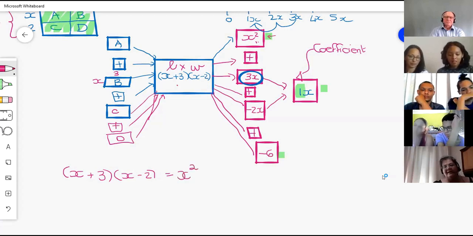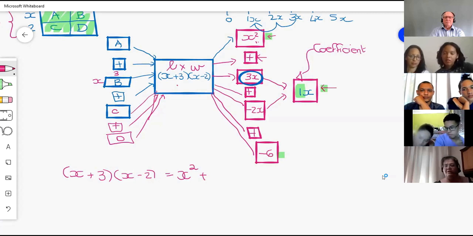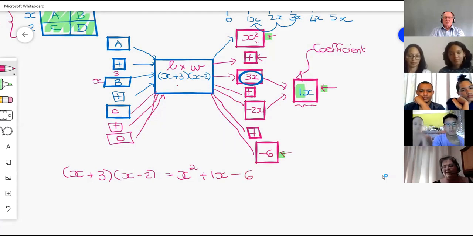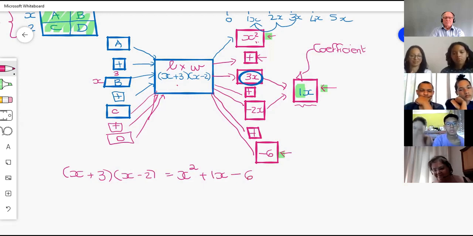And then what is the next thing that you see? It's plus. And then 3... no, negative 1x. And then -6. Okay, and this is where the simplification comes from. Okay, I'm going to give you guys another one.